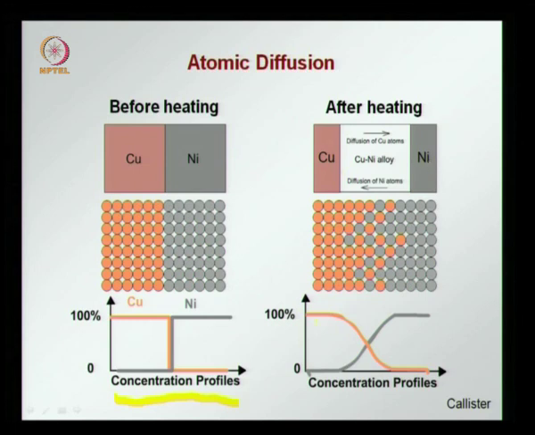So, the concentration profile now changes, there is no sharp difference between the copper part and the nickel part, but you have an area which has both copper and nickel atoms, or an alloy is formed or a solid solution is formed with both copper and nickel, where the concentration is now like this. So, diffusion has created an alloy in the middle and also bonded the two bars together.